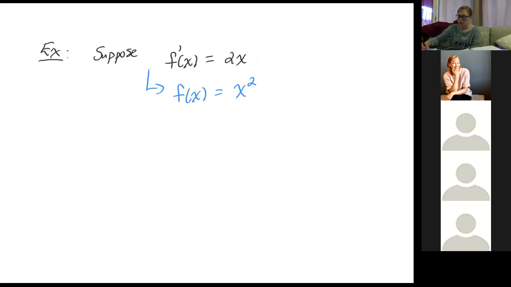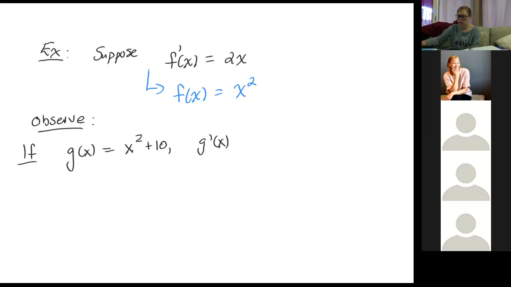But we might make an observation. Are there other functions that, when they are differentiated, give us the derivative 2x? For example, if the function g of x, say, is equal to x squared plus 10, then I know that g prime is equal to 2x.